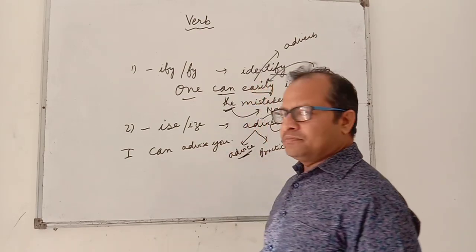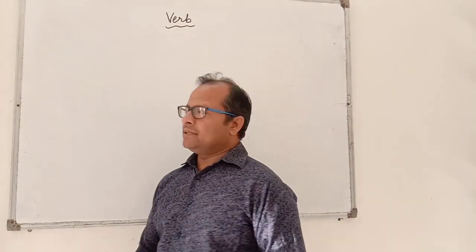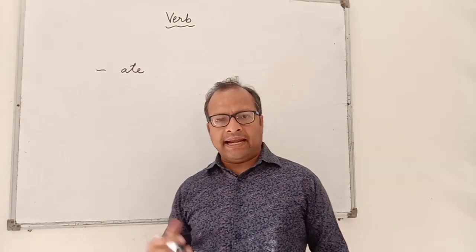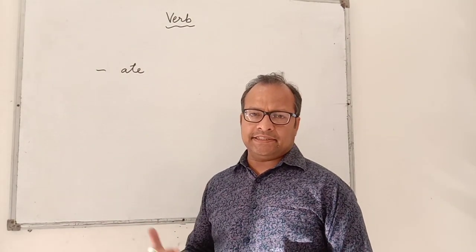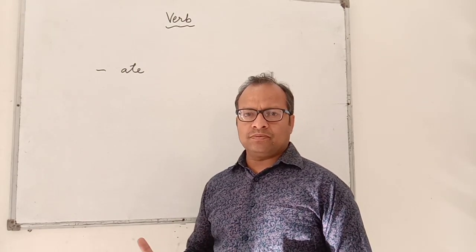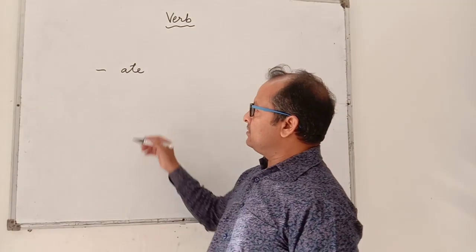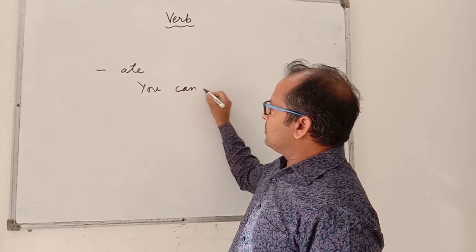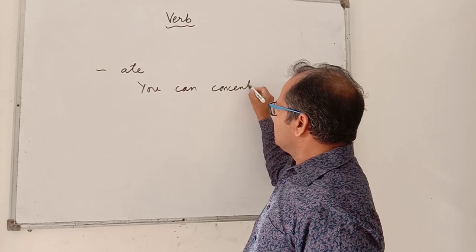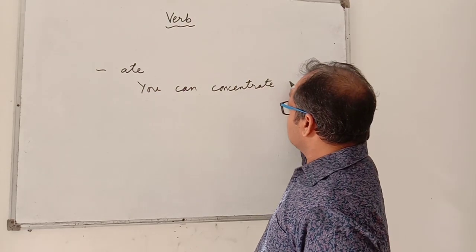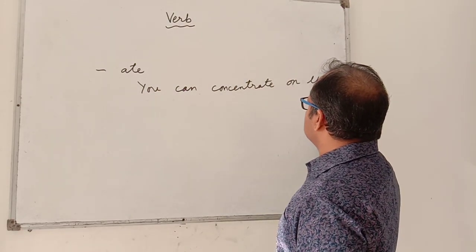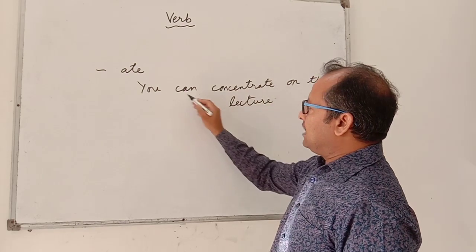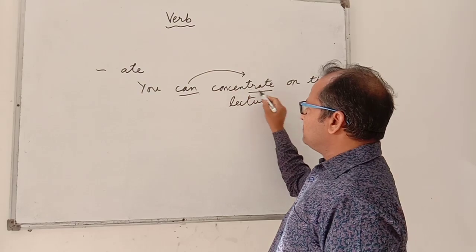This is right. Okay. Third suffix will be ate. If any word ends with the suffix ate, it must be a verb in form. For example, you can concentrate on this lecture. So here, after the modal, you will find the verb.